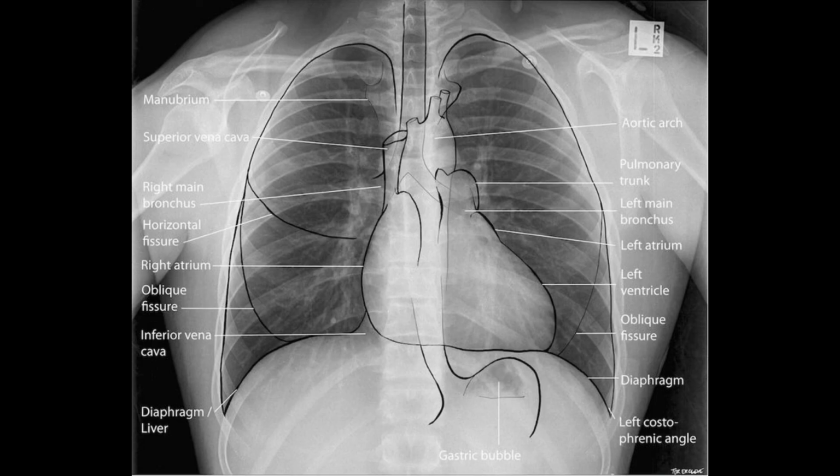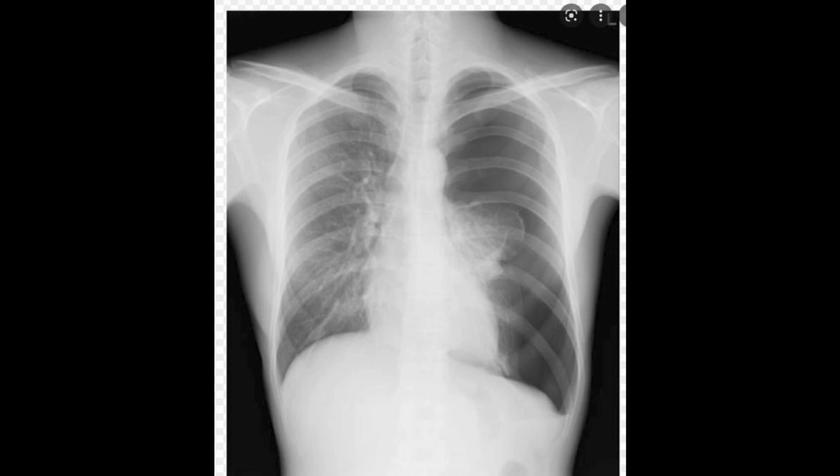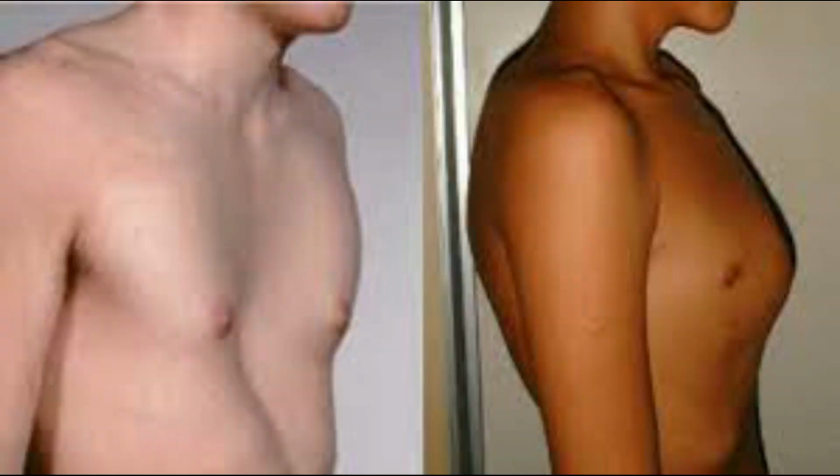Usually the position of the trachea may get deviated, especially in pulling pathology like collapse of lung or pulmonary fibrosis. And at the same time, due to some pushing pathology like pneumothorax, pyothorax and pleural effusion, the trachea may get deviated.